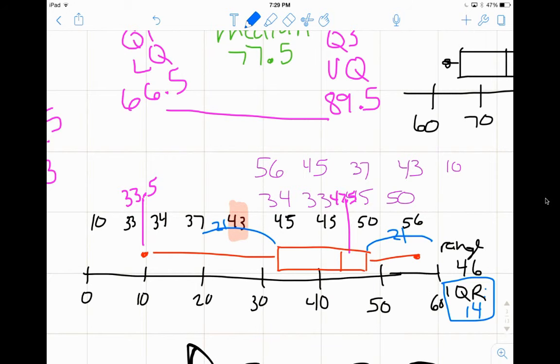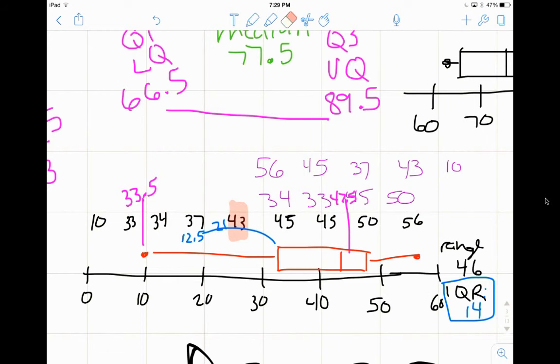Something more than 21 away, because 1.5 times 14 is 21, is an outlier. So from 47 plus 21, that's going to be 68. This one does not have any outliers up this way. If I go 21 away from the 33, I would be at 12.5. Do I have anything further away than 12.5?